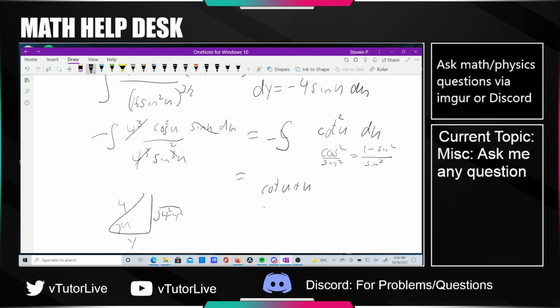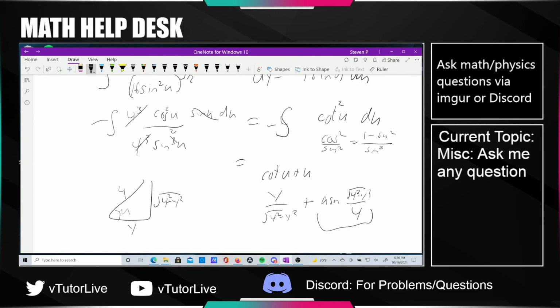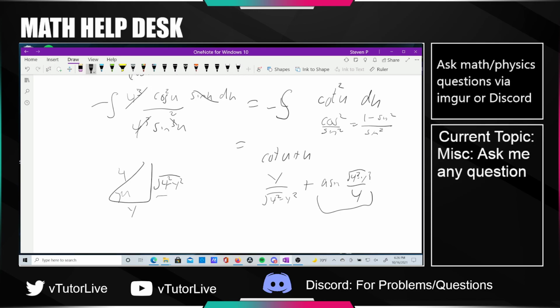So then cotan becomes just y over the square root of 4 squared minus y squared, I think. And then you would get arc sine of the square root of 4 squared minus y squared over 4. And really, you could have written this a lot of ways. You could have written this as arc cosine of y over 4, or arc tangent of the square root of 4 squared minus y squared over y. Yeah, you could have written it a bunch of different ways, right?